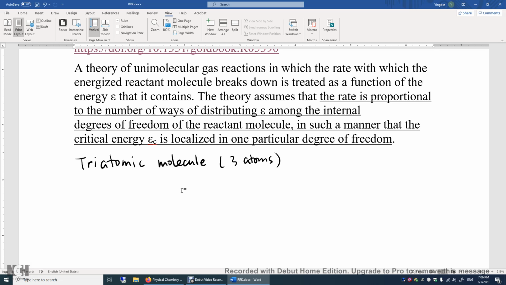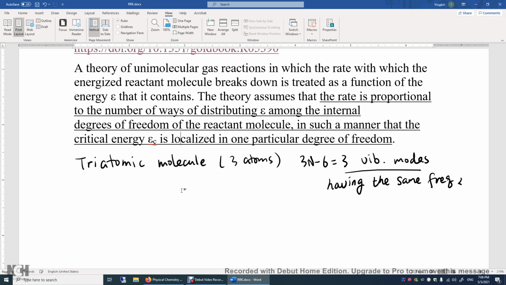Assuming this molecule is nonlinear, then we have 3N minus 6, 3 vibrational modes. And again, in RRK theory, all 3 vibrational modes have the same vibrational frequency. I'm going to use the Greek letter nu.